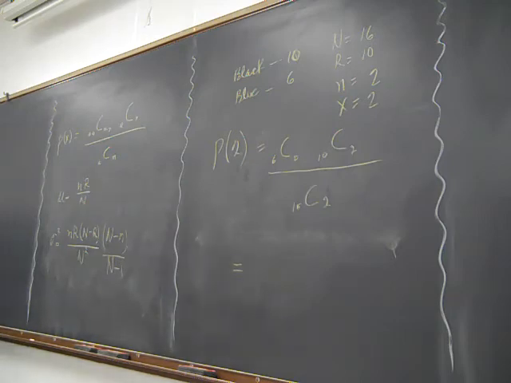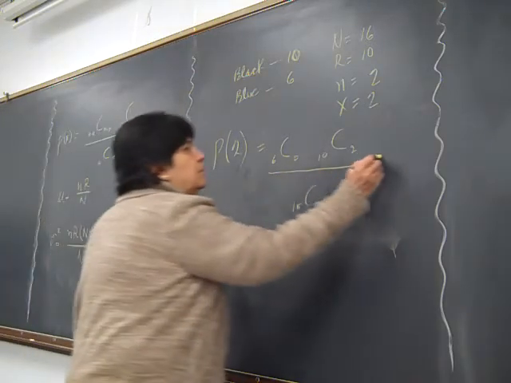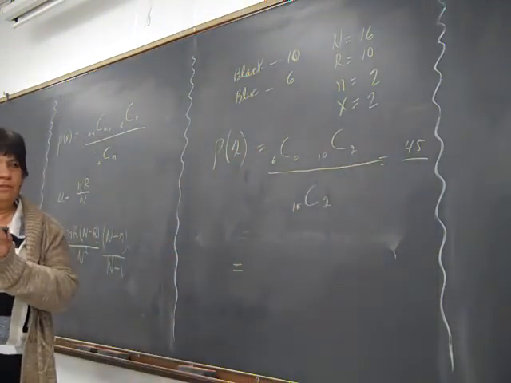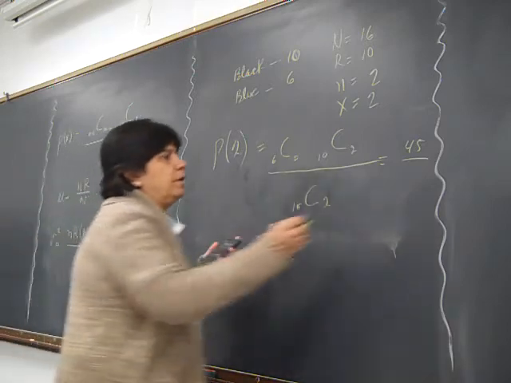6 combination 0 is equal to 1. Always when you have 0, it's 1. 10 combination 2 is equal to 45. So this is equal to 45 divided by 16 combination 2, which is 120.